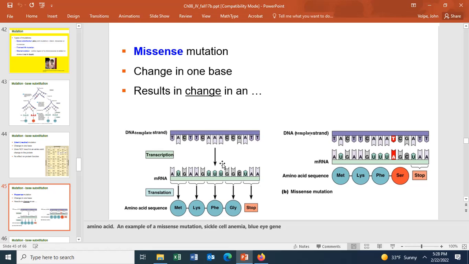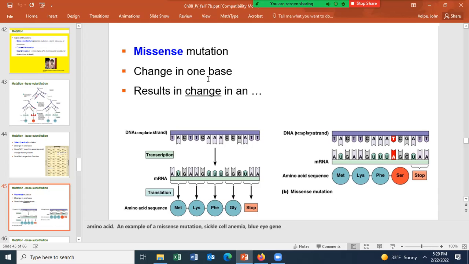And yet that protein does not work well. It does function, but it doesn't function well. And the patient, if they have two of the genes for sickle cell anemia, will have sickle cell anemia disease. Any question about any of that?